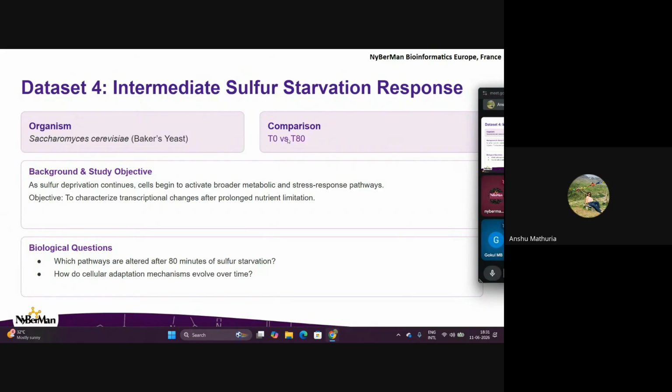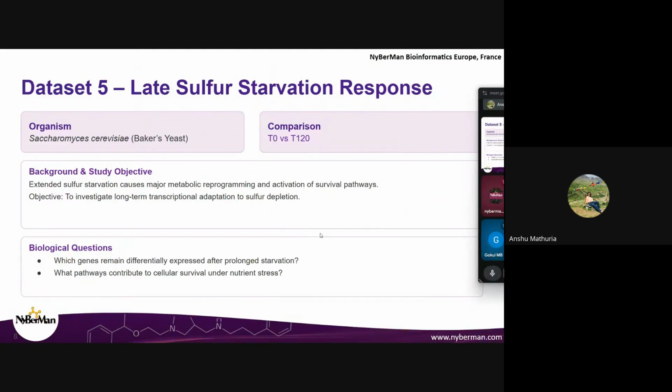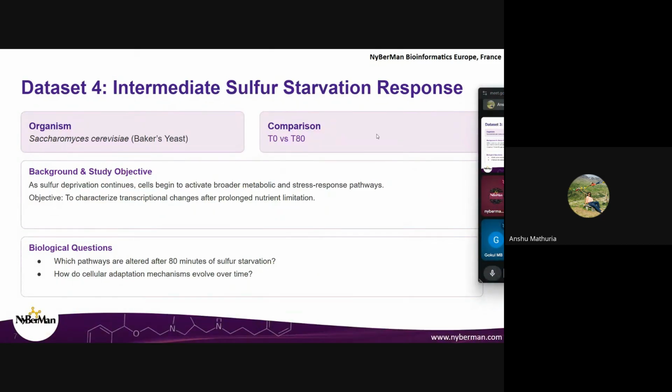The comparison is between the fully sulfur-fed yeast and the yeast starved for 80 minutes. Again, tell me which pathways are getting altered and the expression levels, that is, the upregulation and downregulation, similar to what we did for T0 and T40. Here you have to understand T0 and T80.